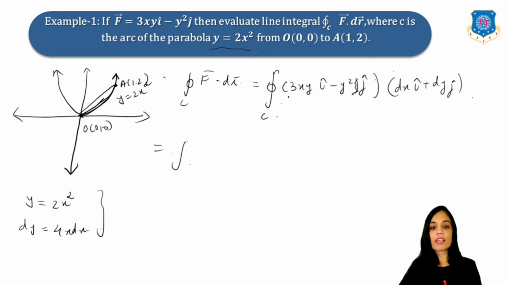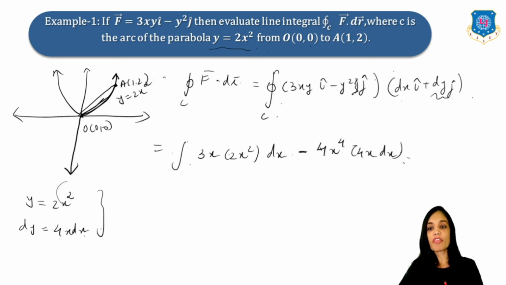So our line integral will be 3x, in place of y put 2x square, into dx. Now minus y square will be 4x raised to 4, you have to put this in place of y, into dy, but our dy will be 4x dx, right? Now everything is converted into x, so let us put the limits of x. It is from 0 to 1.